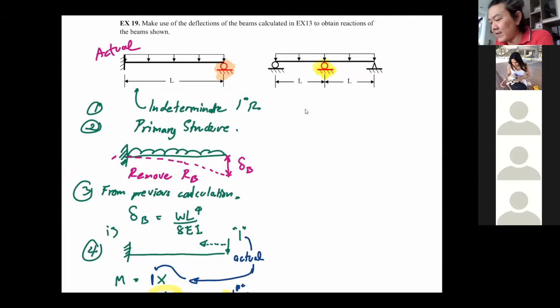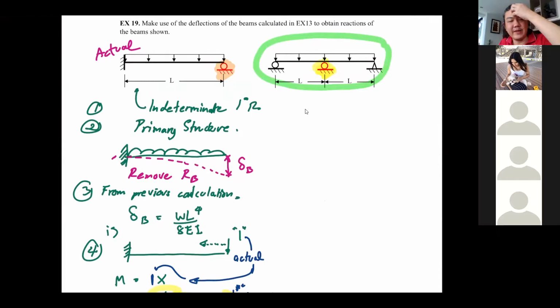So if this is the structure that you are given in the beginning, if you plan to remove the reaction in the middle, you will have the chance to calculate the displacement right there. Okay, so that's how I could use the information that I have before. It's not that you have to remove that all the time. We'll come back to that later.